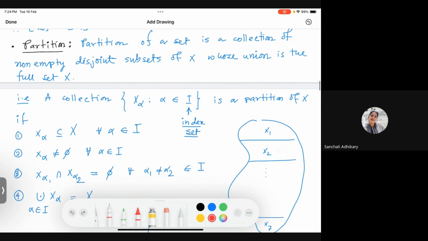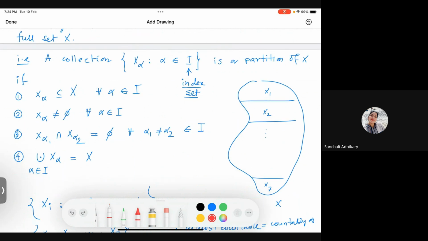What is the meaning of partition? Partition means a collection of subsets of X, and every subset is non-empty.